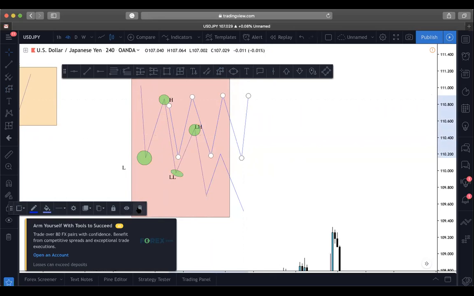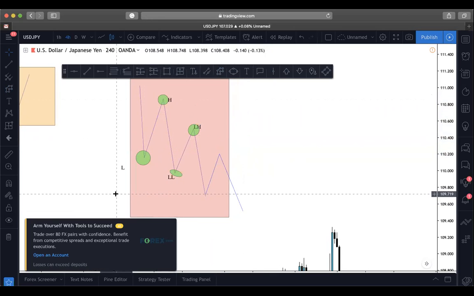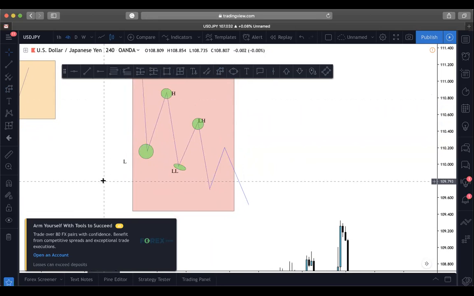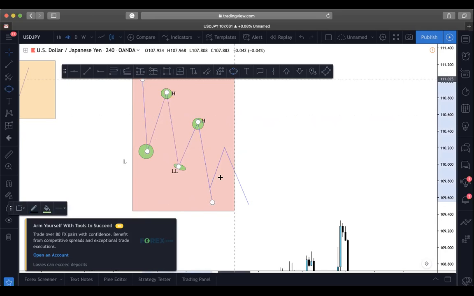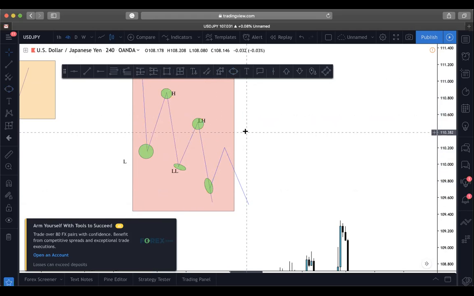Sometimes it can take long, sometimes it's short. So when the market makes the first lower low, now you tell yourself, okay, we are in a downtrend now, right? And then the market pulls back, you make this peak, and when it pulls back down, you know that this is the lower high, right?